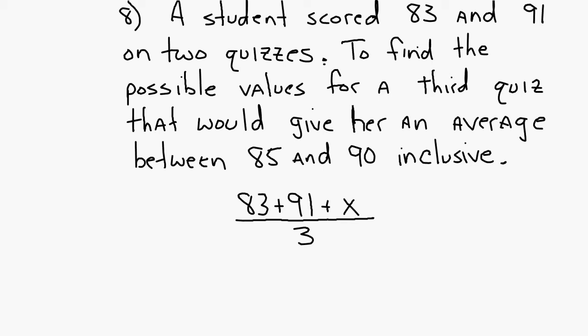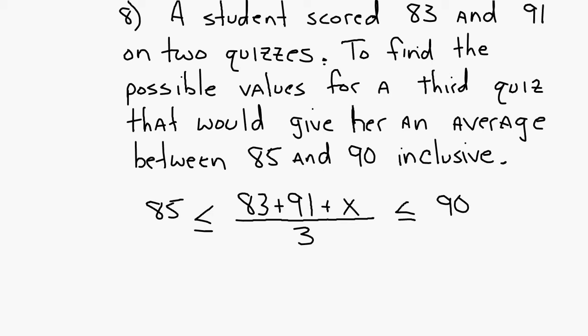So if you take the 83, the 91, and a variable, and you add them together, and you divide it by 3, you're going to want that to be greater than or equal to 85, and you're going to want it to be less than or equal to 90.